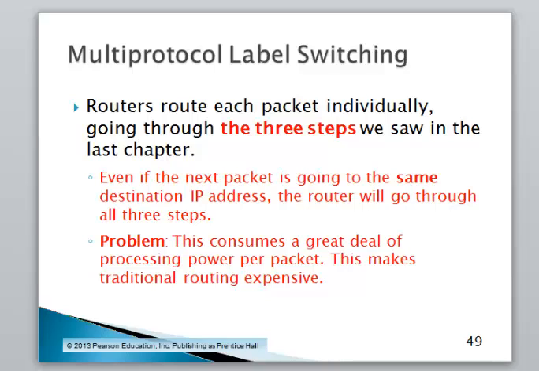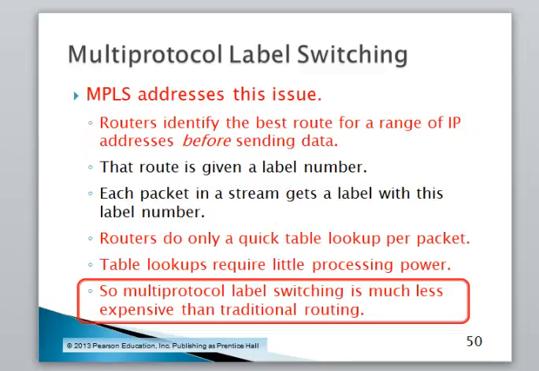So in remembering those 3 steps, every single time a packet comes through, it's got to determine all the possible matches. The problem is that this can take a lot of processing power per packet, which adds administrative overhead. It slows things down. Wouldn't it be great if the router didn't have to do a manual lookup for every single packet?